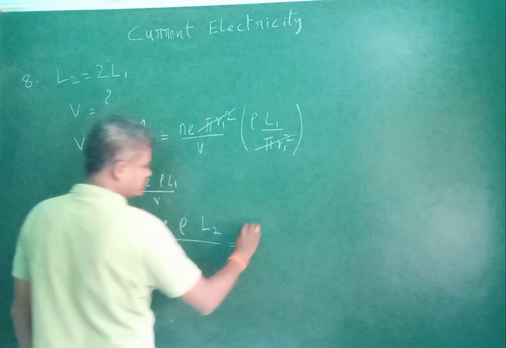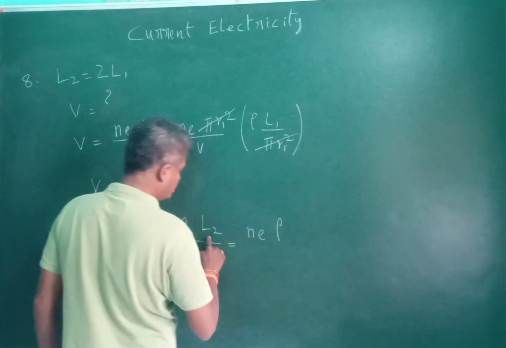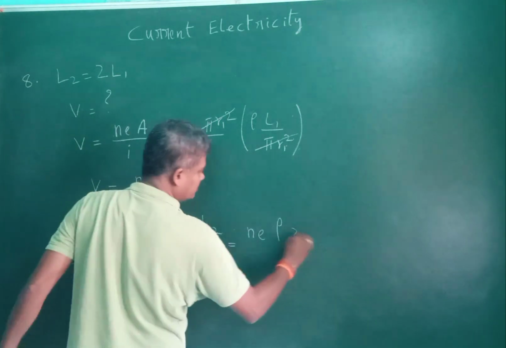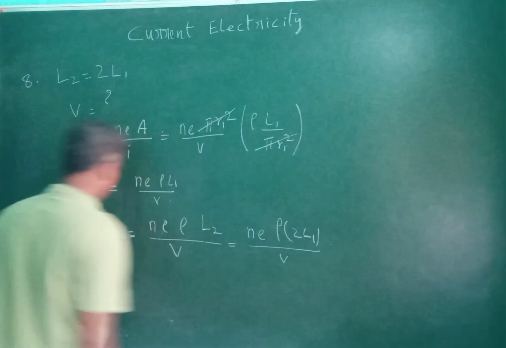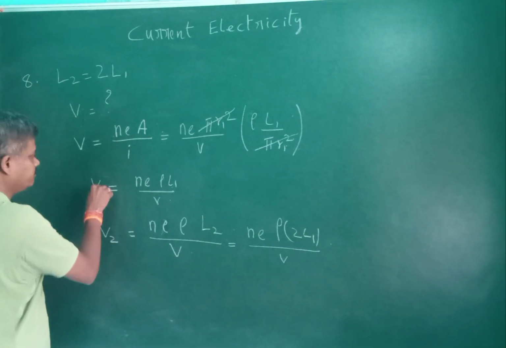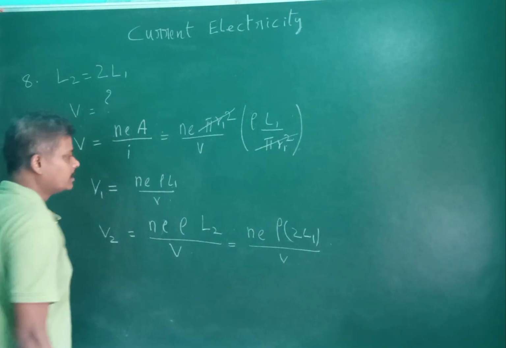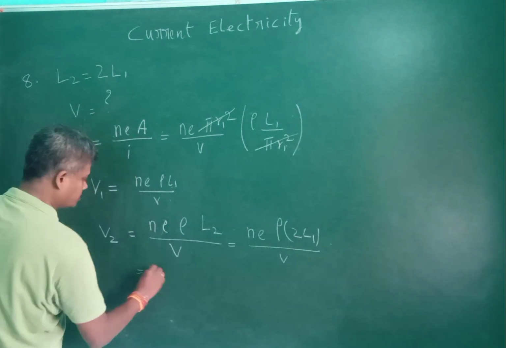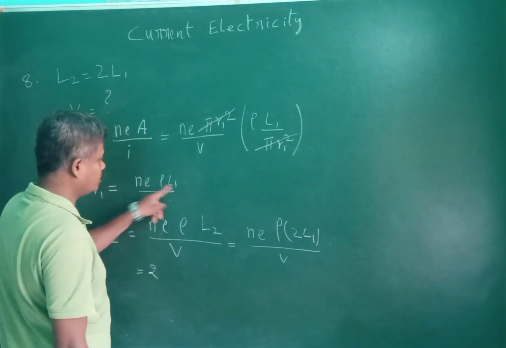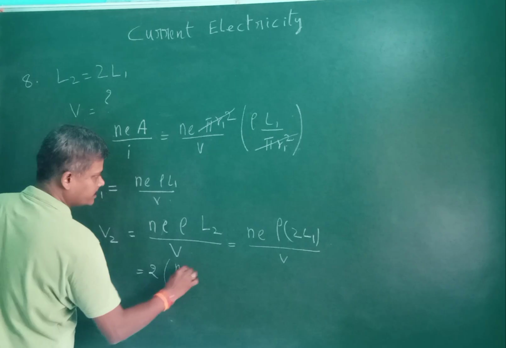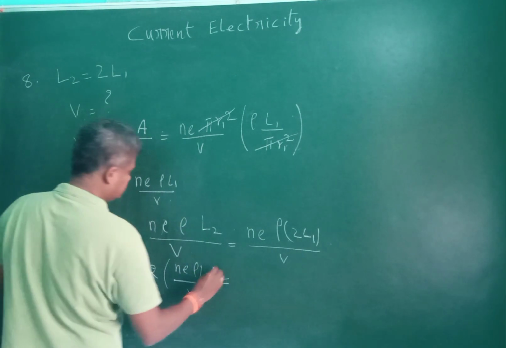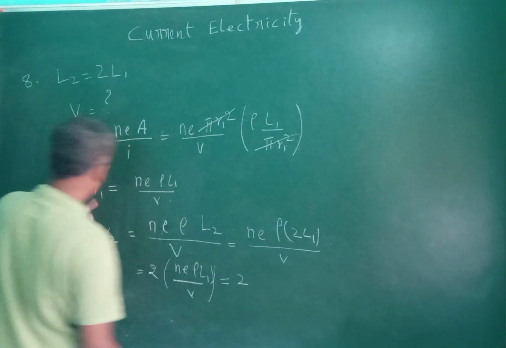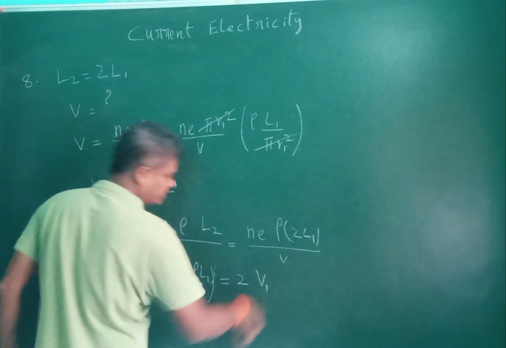That is written as NE rho L2, given as 2L1, divided by V, this is V1. Now we can write this as 2 times NE rho L1 by V, that is 2 times the initial drift velocity.